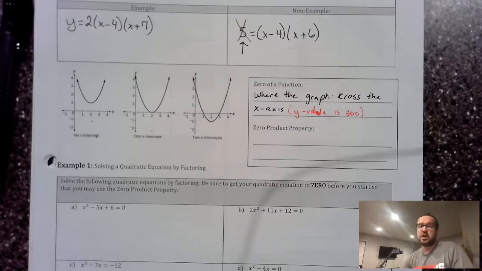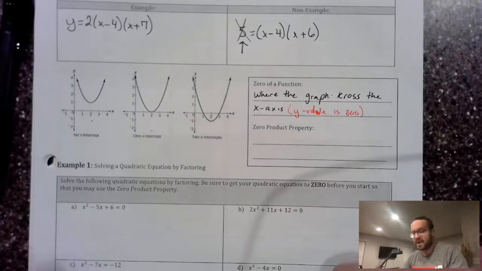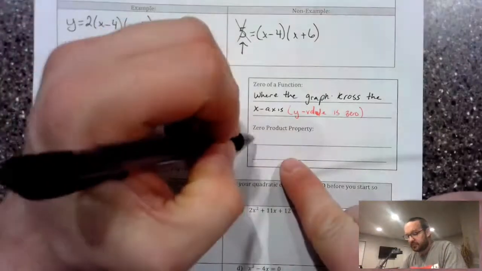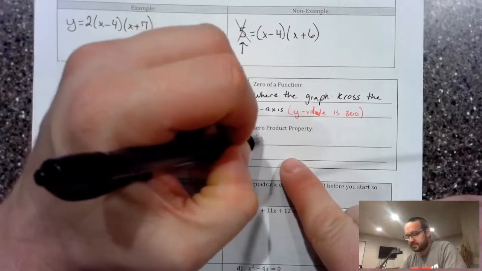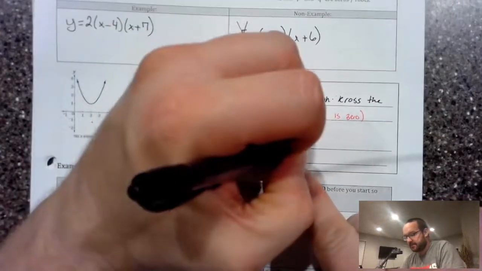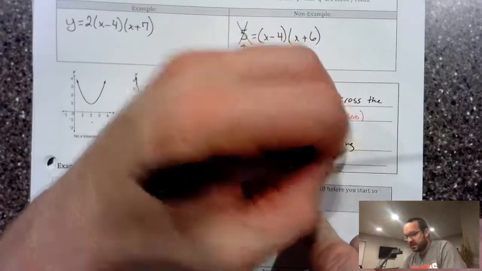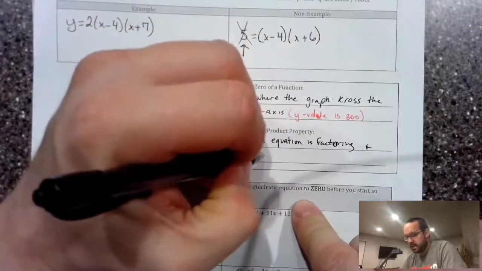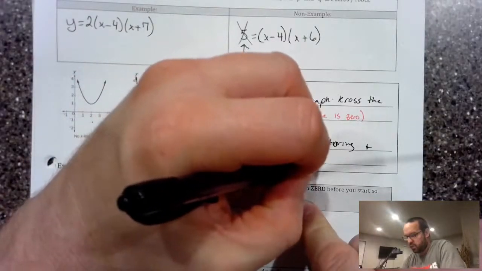Zero product property. When we're looking at the zero product property, what that means is the equation is factored and 0 is plugged in for y.